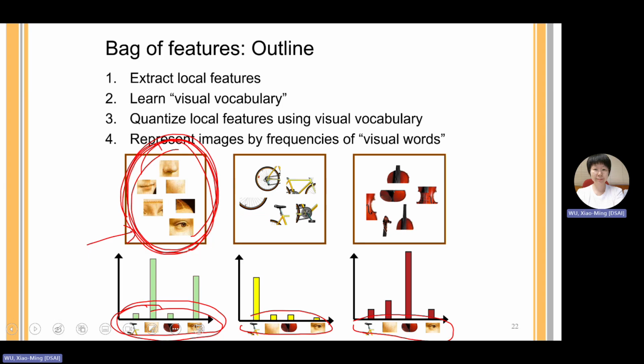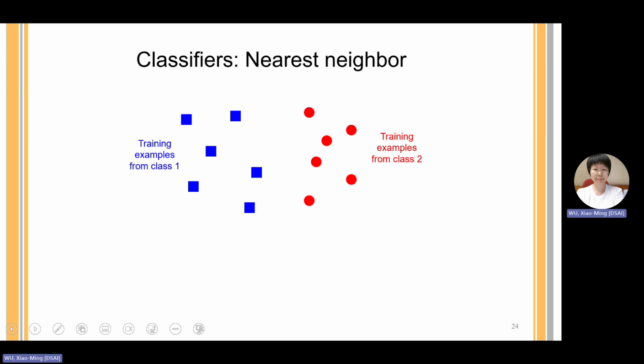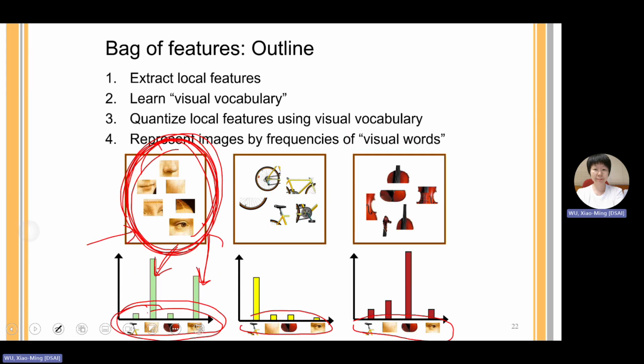As you can see, these image patches are assigned to two visual words because they are most similar to those two. For the bike image, they are mostly assigned to the bike visual word, the first visual word. And for the violin images, these patches are assigned to the column corresponding to the violin visual word.